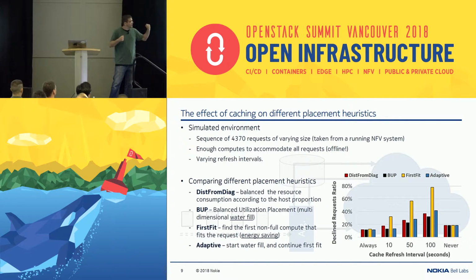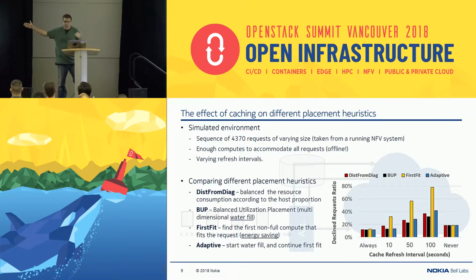Its behavior, when considered with a caching scheduler, is problematic, because right after the refresh that is being done, a few requests will be accommodated successfully, but then the following ones will think that the compute is available for grabs, which is obviously wrong, and the decline ratio will have poor performance. So I hope I convinced you that different heuristics behave differently with respect to the refresh interval.